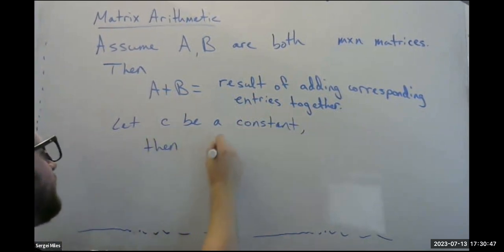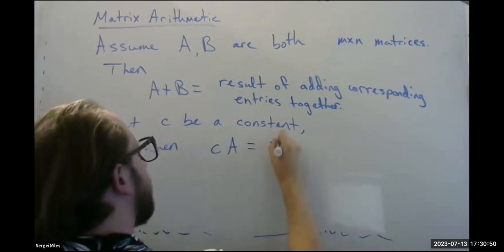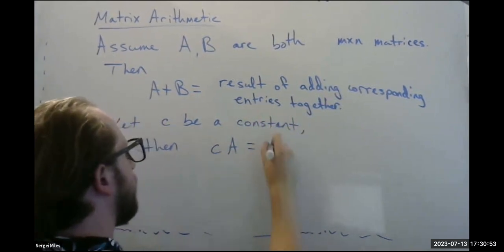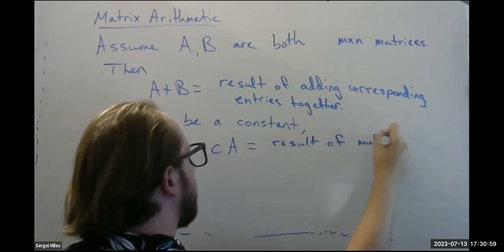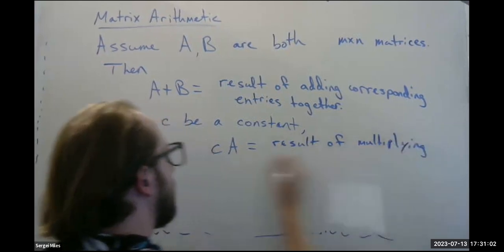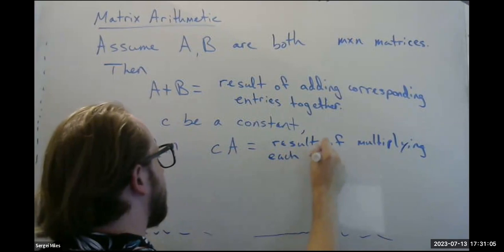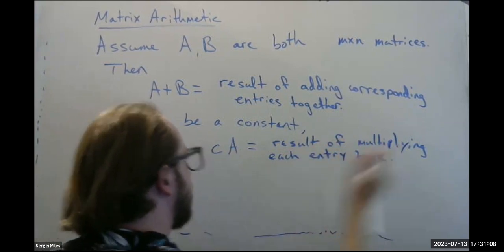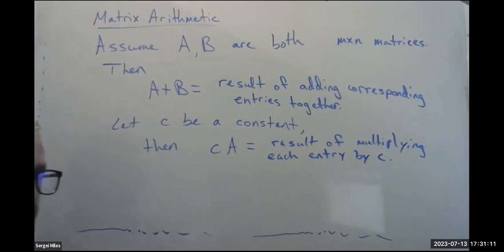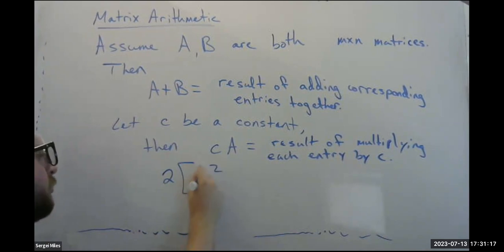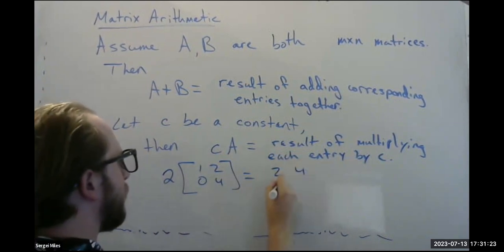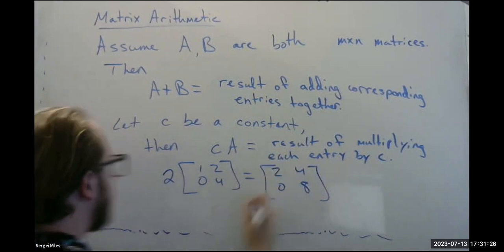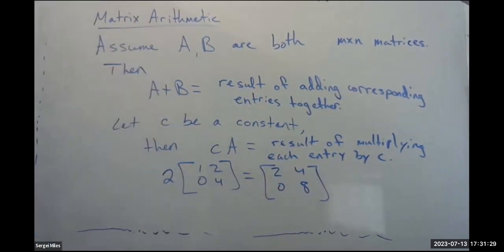Then C times A is the result of multiplying each entry by C. Exactly what we did with vectors, right? So if I have, for example, 2 times 1, 2, 0, 4, well, then my result is going to be 2, 4, 0, 8, right? Again, the exact same situation we had with vectors.